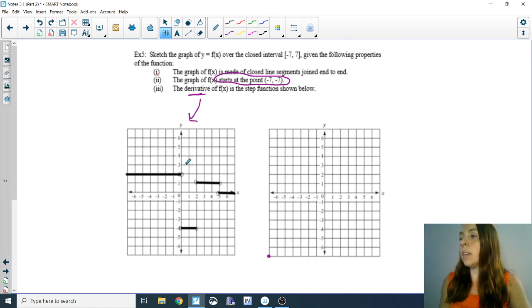So I'm looking at a derivative value, y prime value. We should label this y prime. That might help. Y prime value of 2 on the interval from -7 all the way to 0. So from -7 all the way to 0, I'm going to be drawing a line that has a slope of 2. M equals 2.